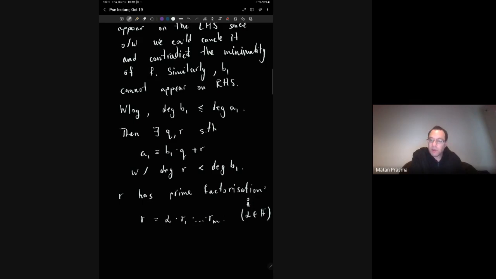Otherwise, this whole becomes trivial. And moreover, B1 does not divide any of the Ri, since B1 has higher degree, because of degree reasons.